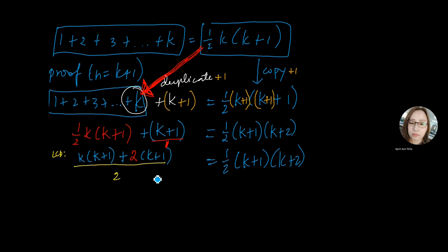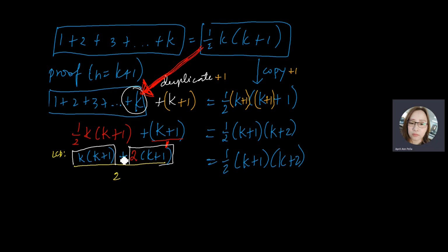Next, you can already apply factoring. Or if you do not like factoring, you can expand, meaning you can multiply. But in this given, it would be easier to factor because, as you can notice, we have two terms in the numerator: k times k plus 1, and 2 times k plus 1.